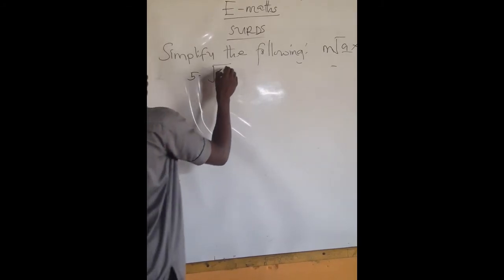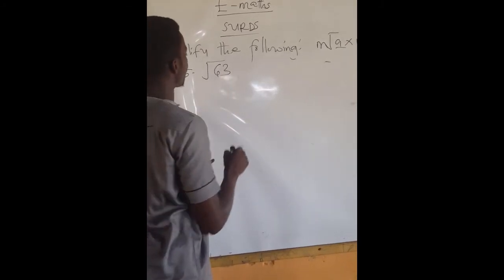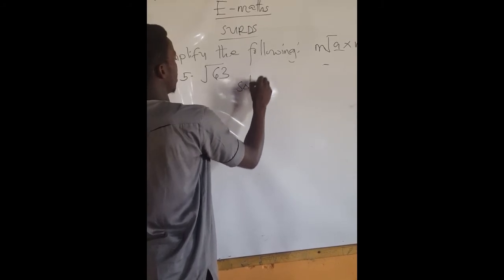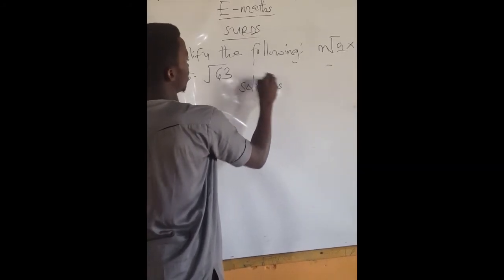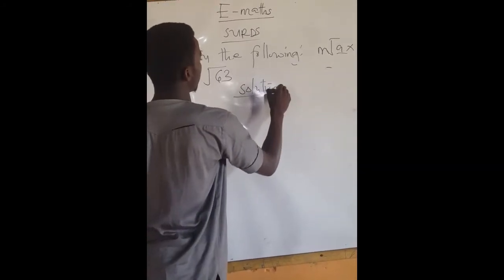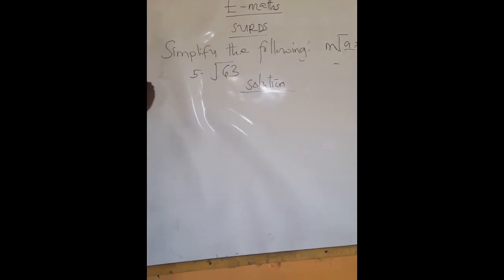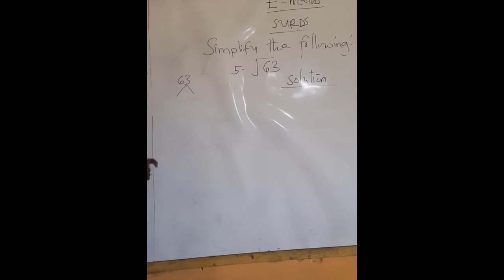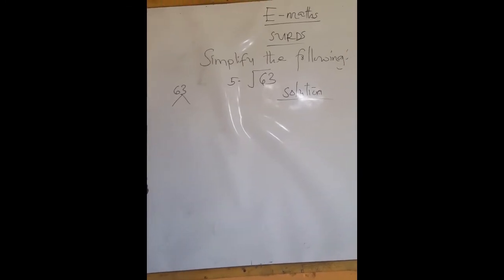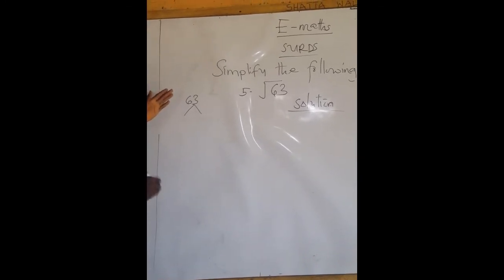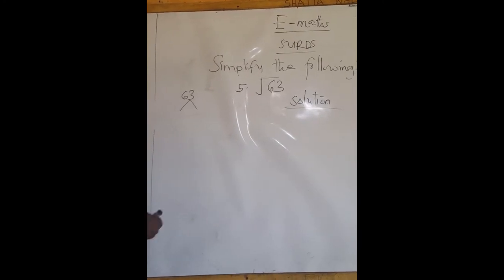We have root 63. Going by the same approach, we divide 63 by the prime numbers, starting from the smallest, which is 2. But here you can see 2 can't go into 63, so we move on to the next prime number, which is 3.